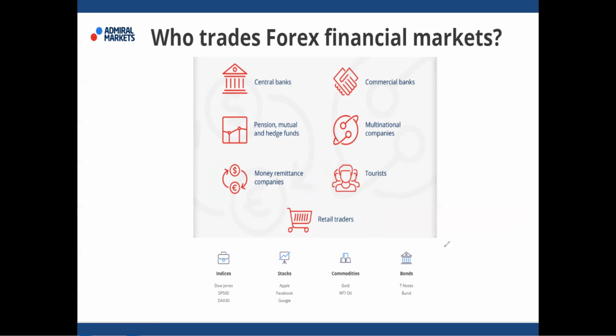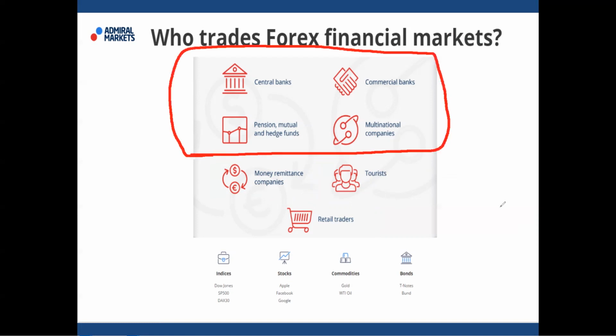Now, what we'll come to in this section are what we'd call the whales, the big players of the market. We'll start first with the multinationals. Think of your Googles, your Facebooks, your Toyotas, BMWs. They sell goods and services everywhere, but of course, at some point, they do need to send their money back to HQ.